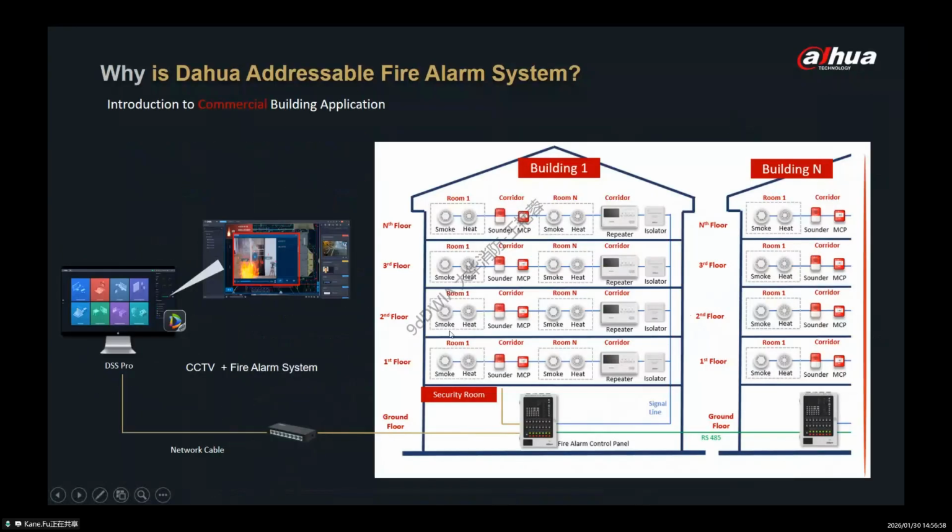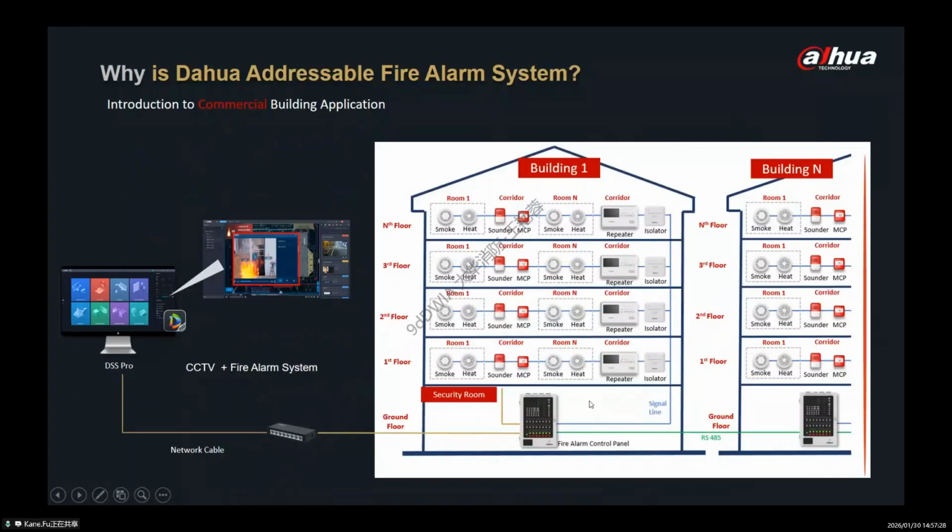Now we come to the application. The first one is the commercial building. In the building, you can deploy the system on every floor and connect it in the loop by the fire alarm cable. In the FACP, we can measure and monitor all systems to monitor the full building's safety from fire.